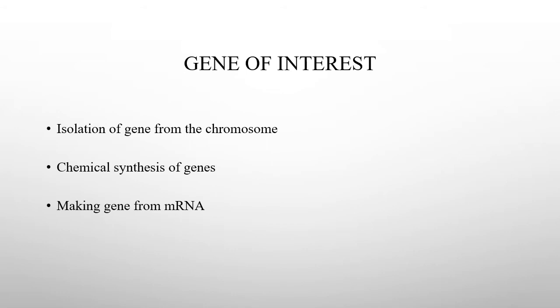There are different ways in which we can isolate the gene of interest. Firstly, the gene can be isolated from the chromosome by cutting the chromosome on the flanking sides of the gene. Special enzymes called restriction endonucleases are used to cut the genes.